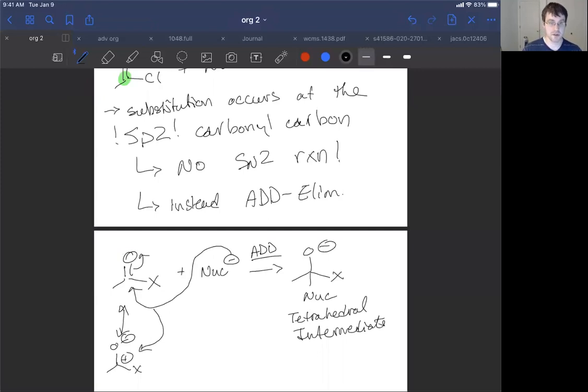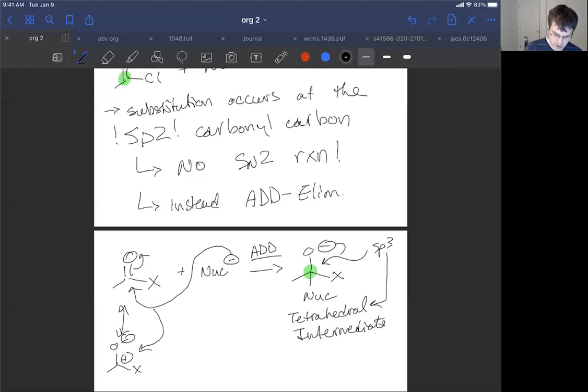So this intermediate is involved halfway through the addition elimination reaction, and it's important to point out when we have this tetrahedral intermediate. The reason why it's called the tetrahedral intermediate is because our carbonyl carbon is now sp3, and if it's sp3, it's tetrahedral. Okay, so we must add to form a tetrahedral intermediate, and then we eliminate.